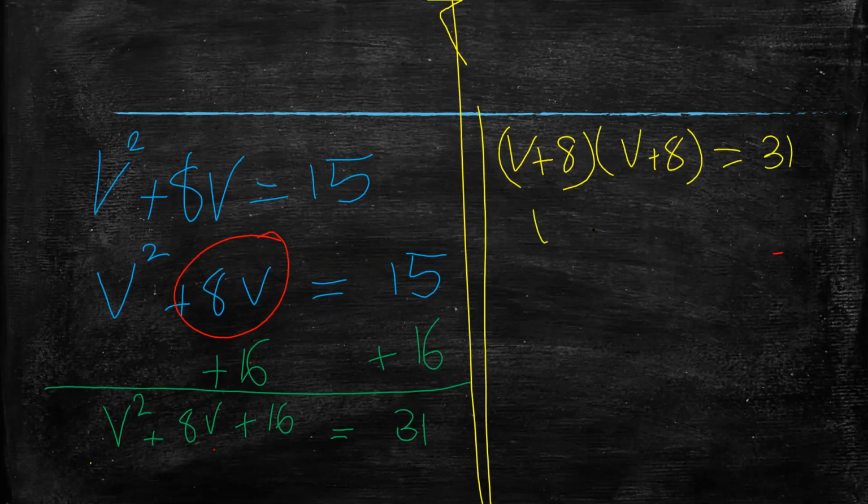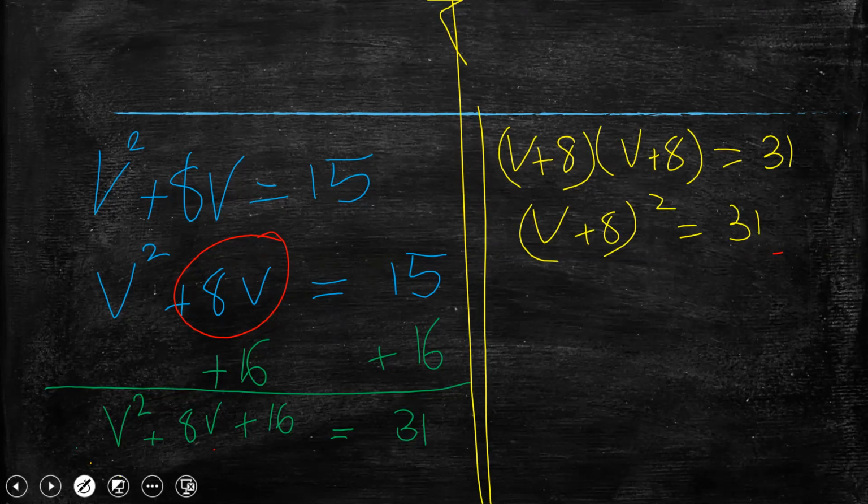Or you can say it is v plus 4 squared equal 31. Is it right? Yes. Then what step will be? Teacher, it will not be 8, it will be 4. Square root. 4, thank you.